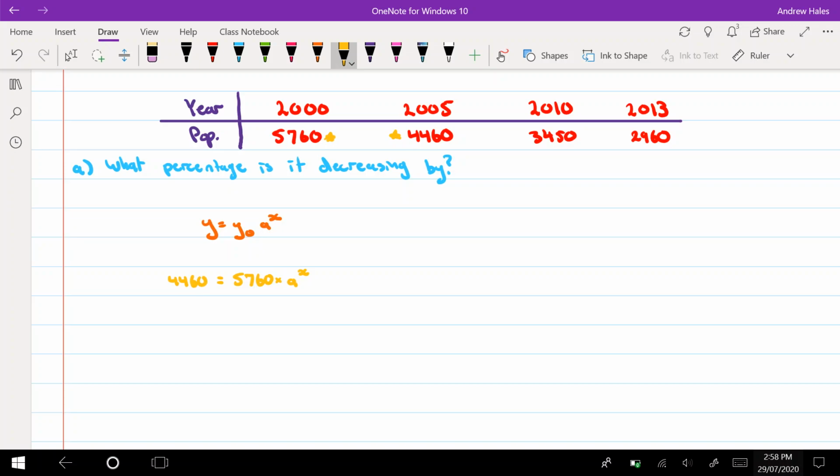Well, now we know this is 2005. We know this is 2000. We're not going up in years anymore. We're going up in every 5 years for this example. So instead of x, I'm actually going to write 5 because 5 years have passed.